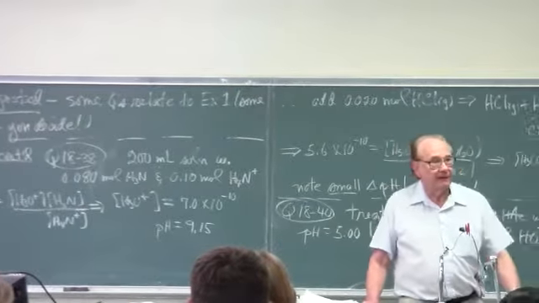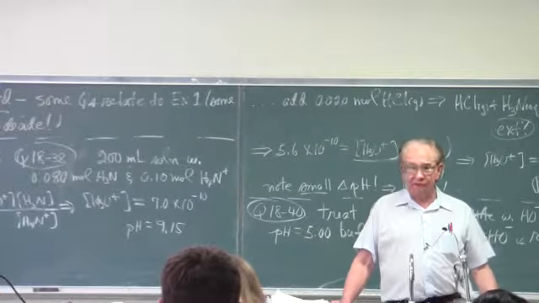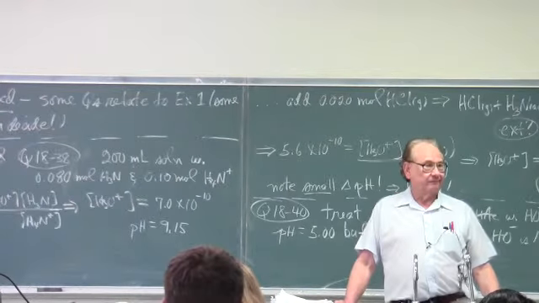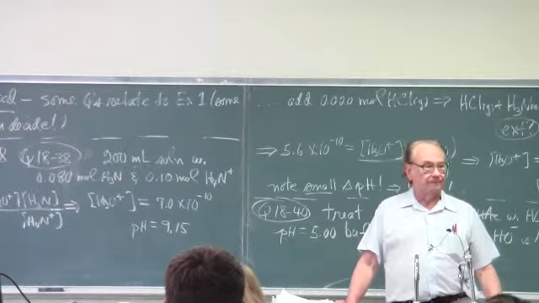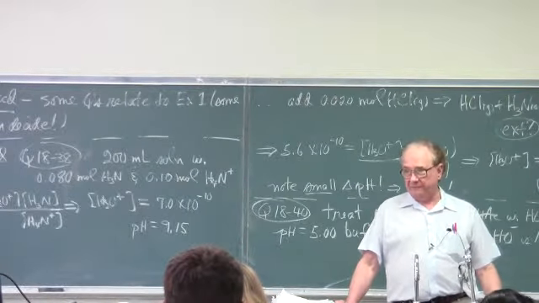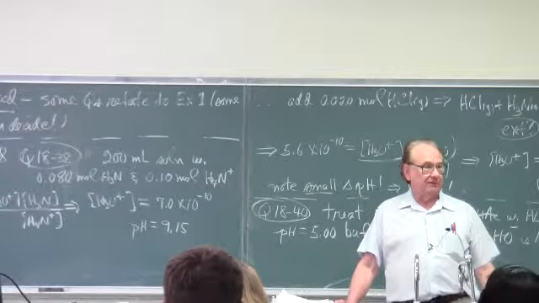How many? 0.12 moles of hydronium ion. Contained in what volume? 200 milliliters. That's 0.20 liters.